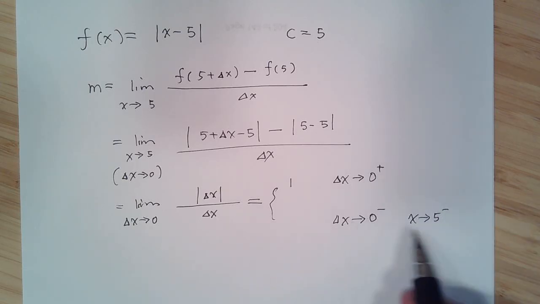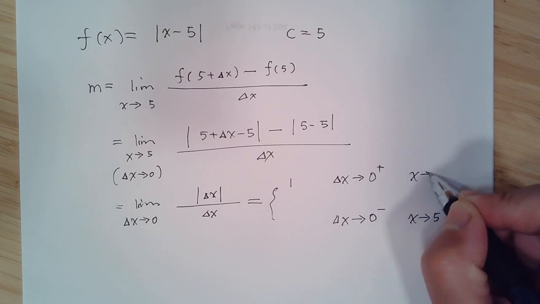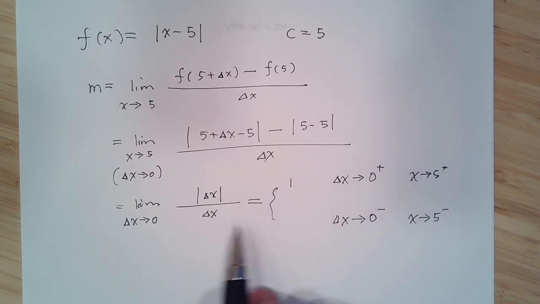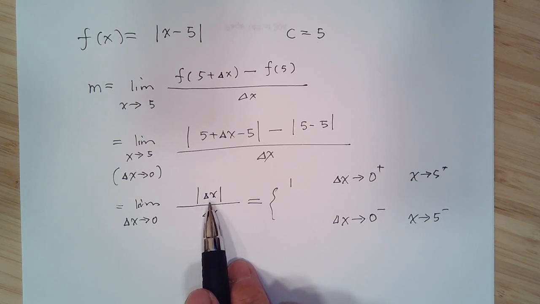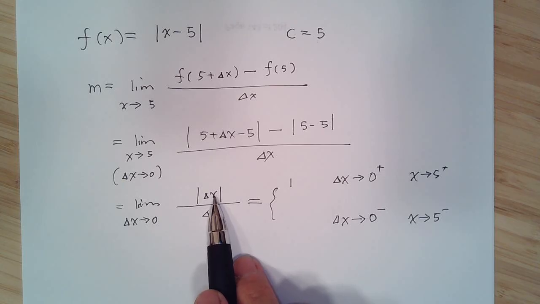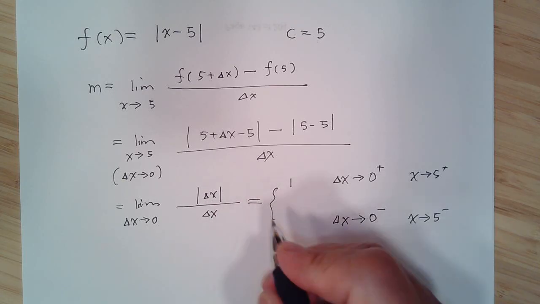Same thing, these two are equivalent. Then delta x is a number really close to 0, but it's negative. So when you take the absolute value of a negative number, it becomes negative delta x, and then divided by delta x, you get a negative 1.